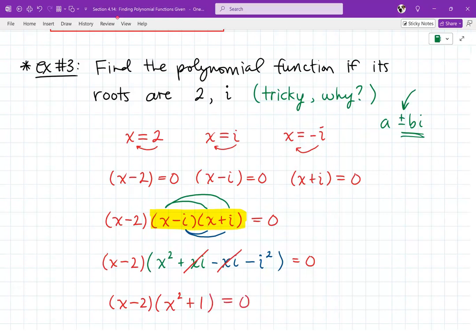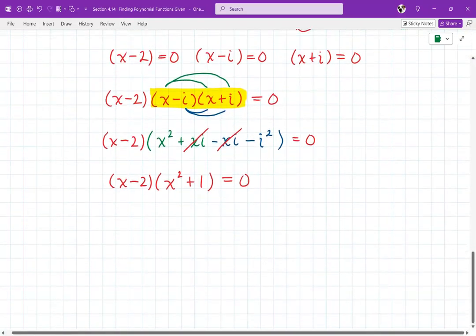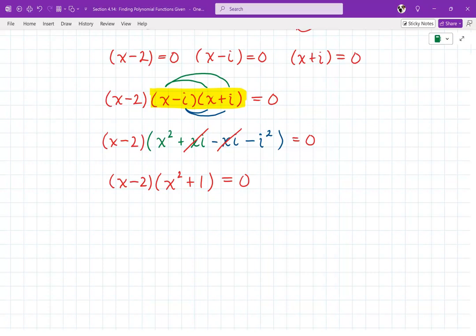So it becomes a plus 1. Remember, an i squared is a negative 1. Now there's a minus in front of that, so minus a negative 1 is a positive 1. Notice I don't have any trinomials I have to multiply. Just binomial times binomial. This becomes a little bit easier.